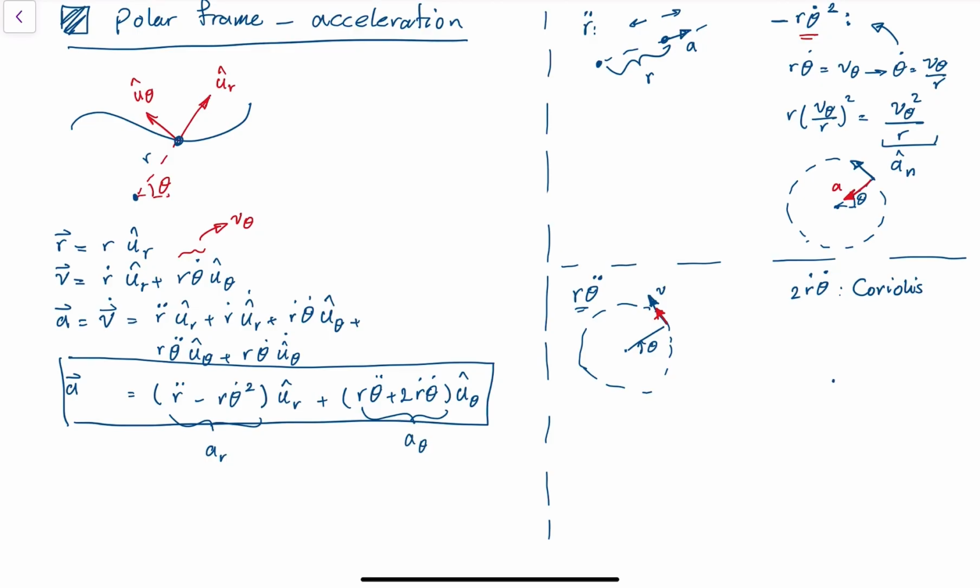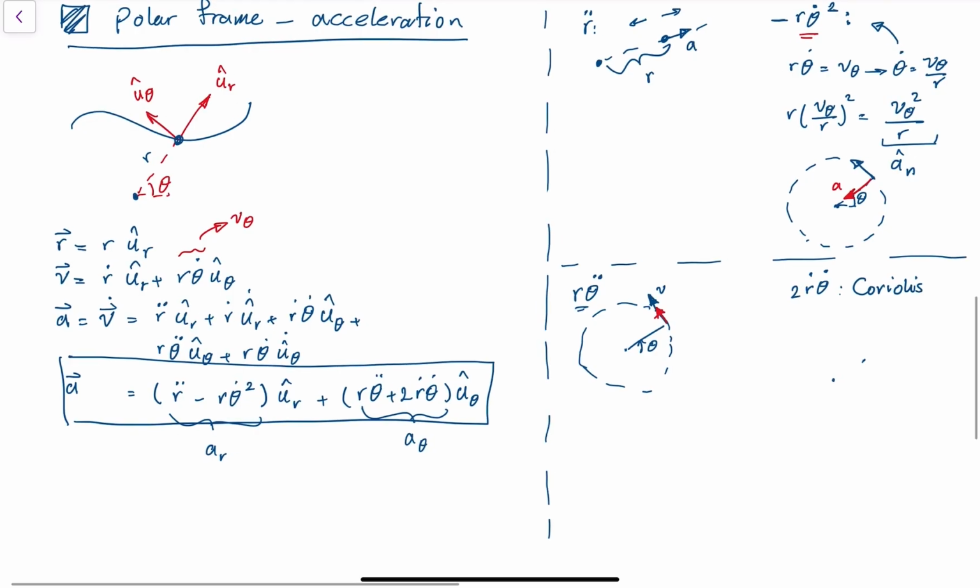Consider a condition that you are moving away from the center with constant rate. So your r dot is constant. And also at the same time rotating about the center with constant angular speed. So you have this r and theta, both of them increasing at constant rate, which means you're going around a spiral.